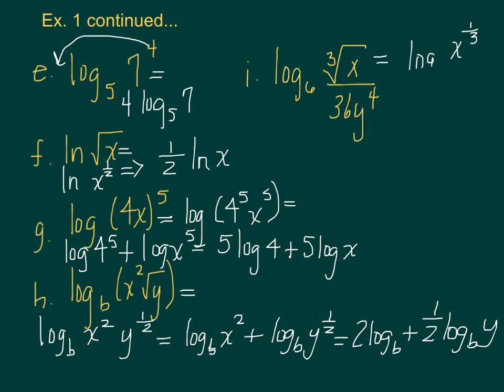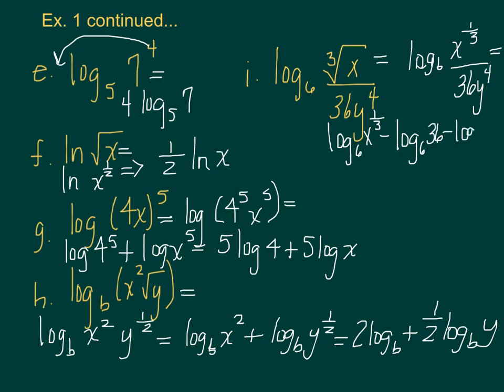You have to be careful when you write it because only the terms get the division, not the log. Then I'm going to separate or expand my terms using the quotient property. So I have log base 6 x to the 1/3 minus log base 6 36 minus log base 6 y to the 4th.